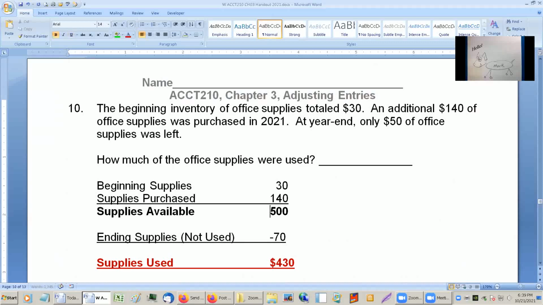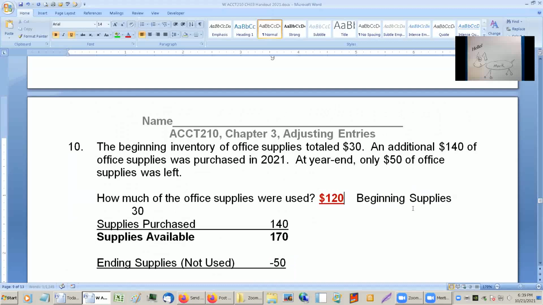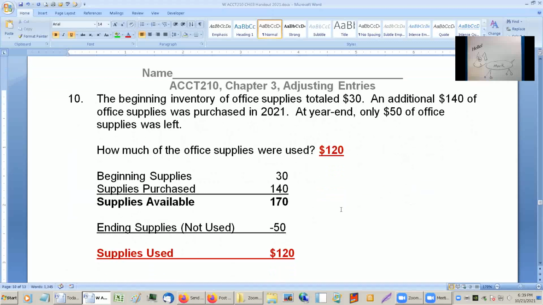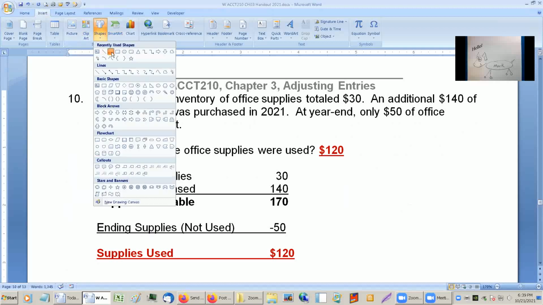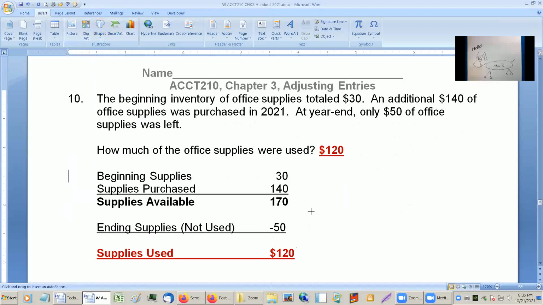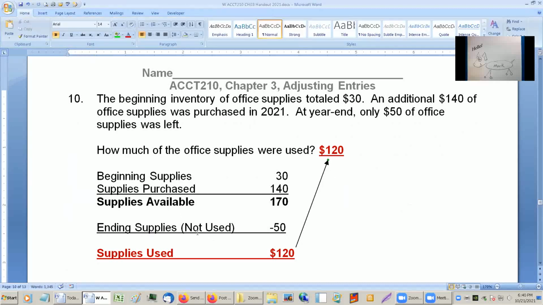140. 170. Was that 120? Yes. Okay, so she came up with 120, and so the 170 was the total amount we could have used.